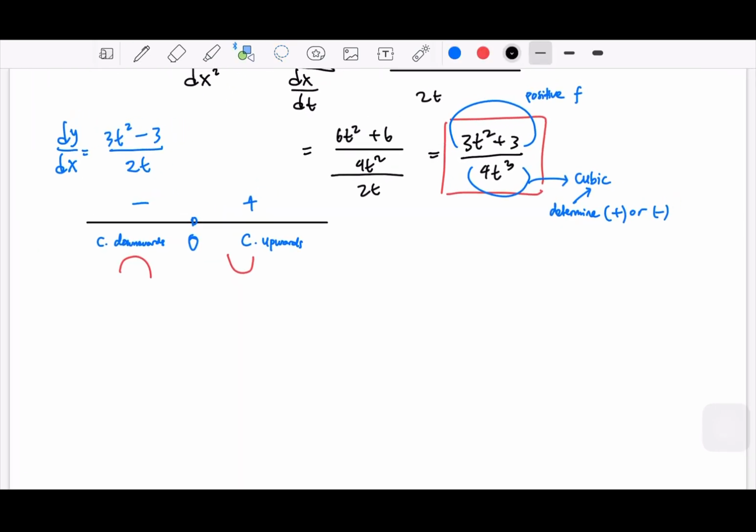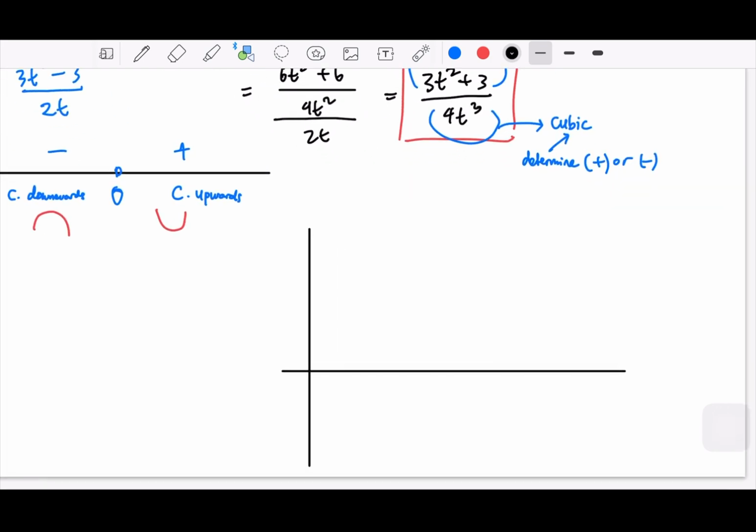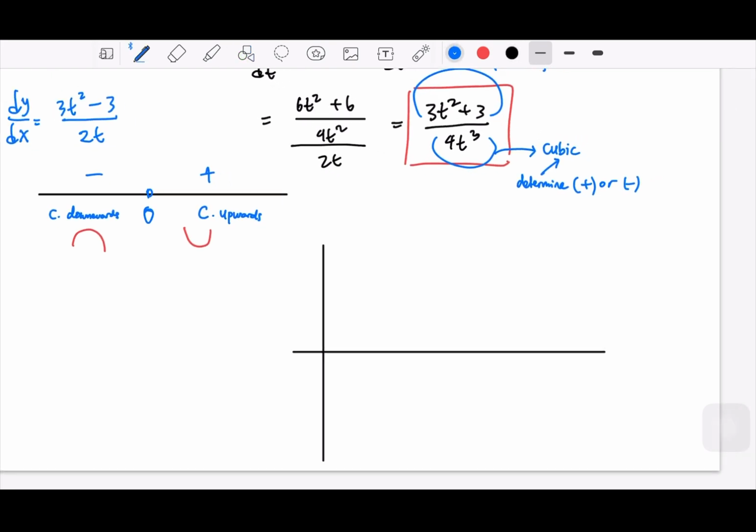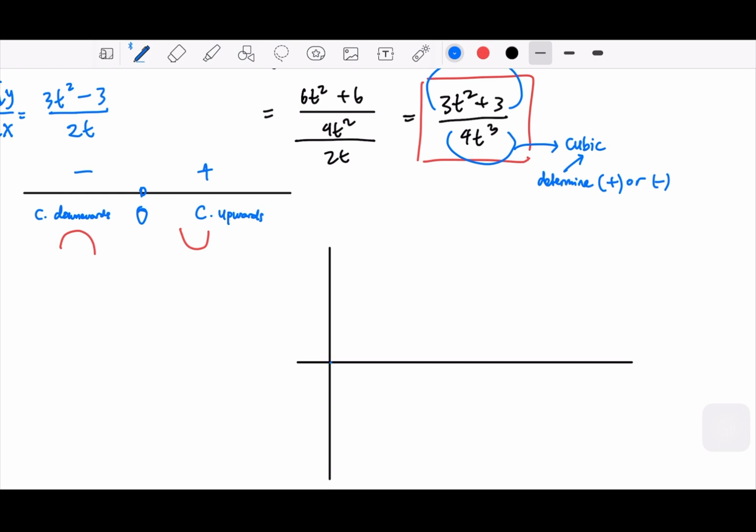Okay, I think we can draw the curve. The vertical tangent will be here. This is (0, 0). This is (1, 2). This is (1, -2), the horizontal tangent.